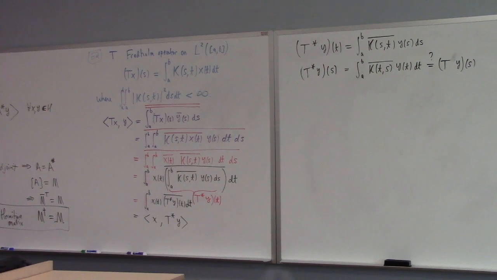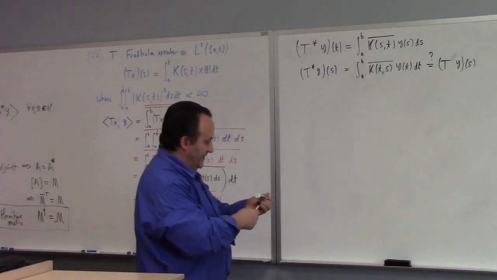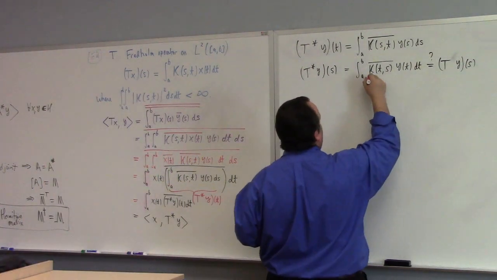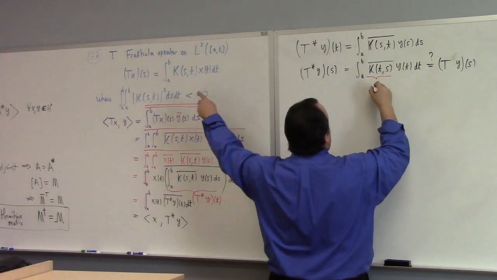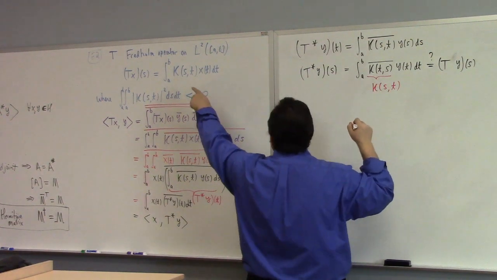What do you need there? We need for this right here to be equal to what? It's the same thing, its own conjugate. Oh, it needs to be symmetric.